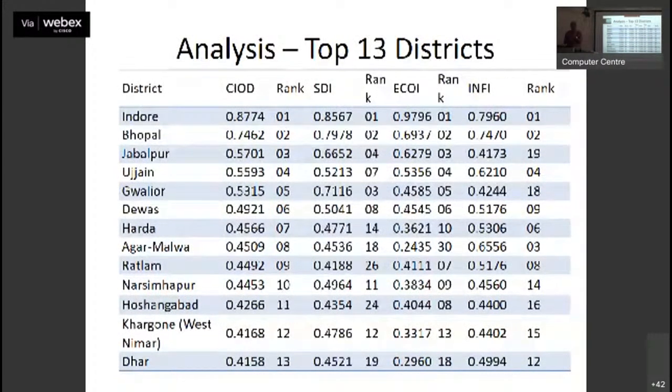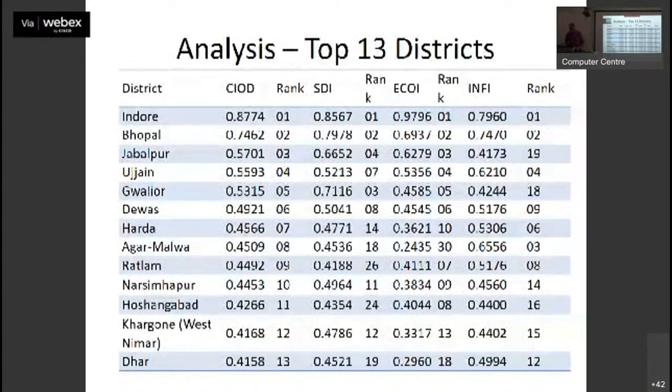Economic development is not transferred into social development because of the tribal population and all, they are not coming up. So Ujjain should focus on what part? Social development. Similarly, the Gwalior, Dewas, Malwa, all.